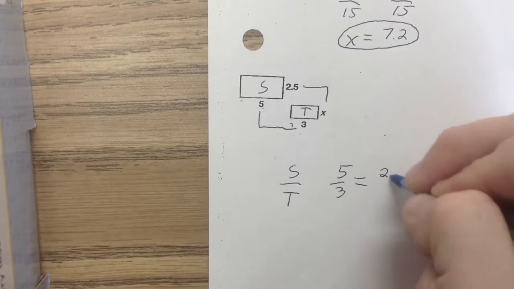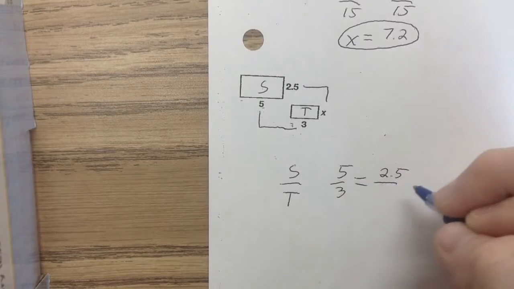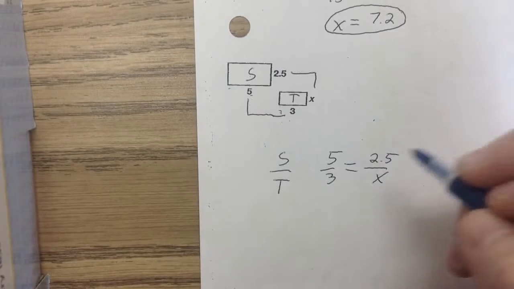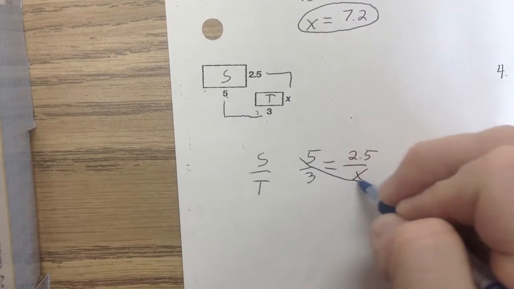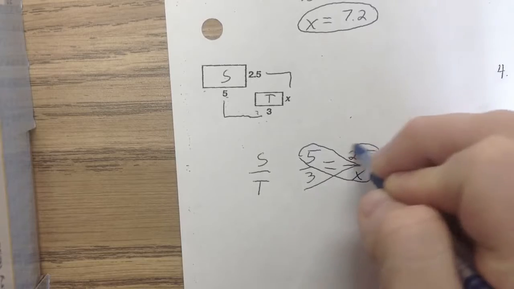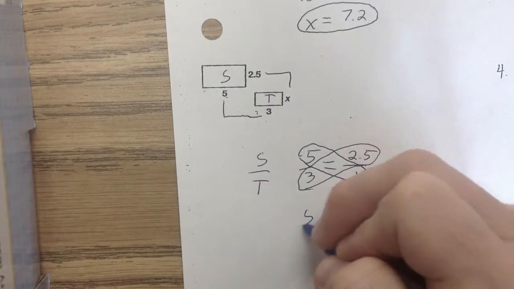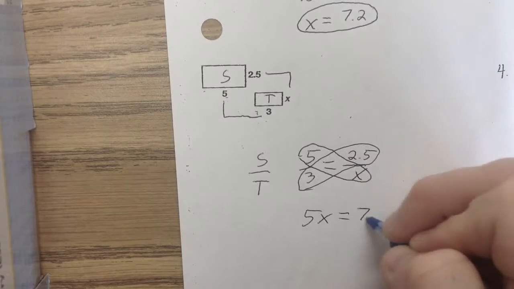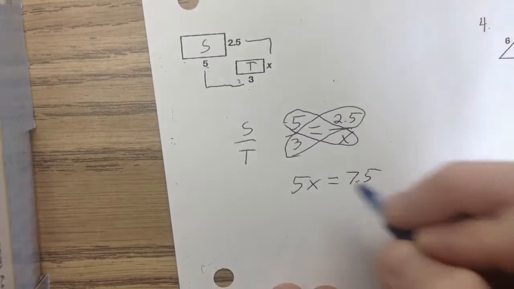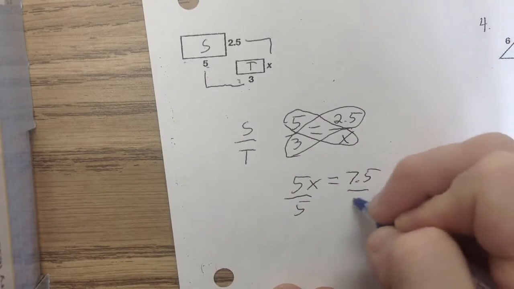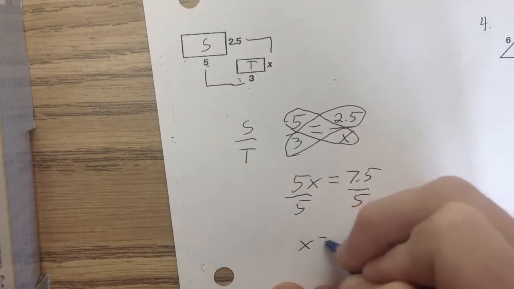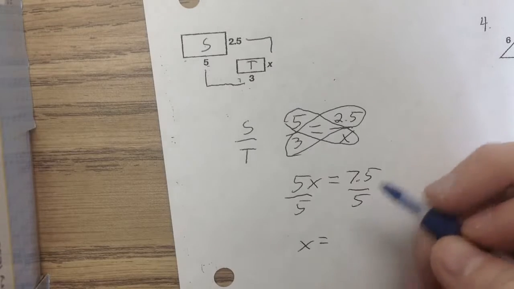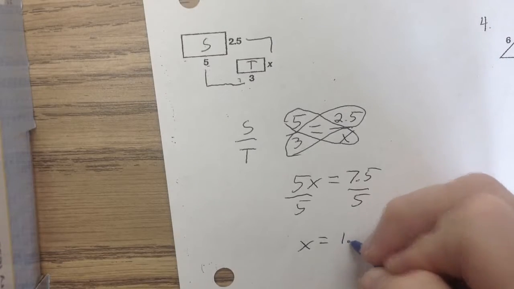Again, the 2.5 is from the S, the x is from the T, and then it's just a matter of doing our cross multiplication here. So I've got 5 times x, which is 5x. I've got 3 times 2.5, which is 7.5. I divide both sides by 5. x is going to equal 1.5. Okay.